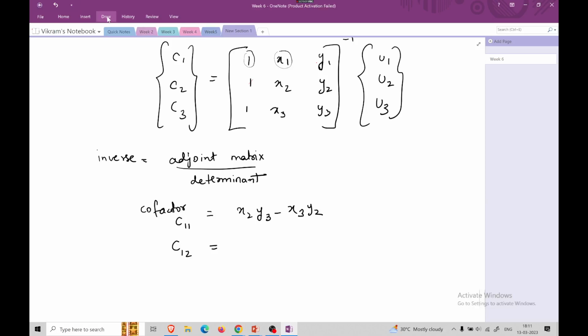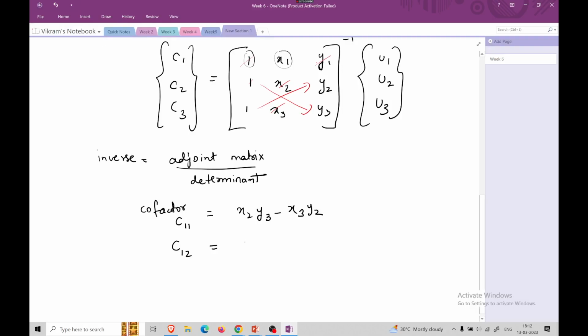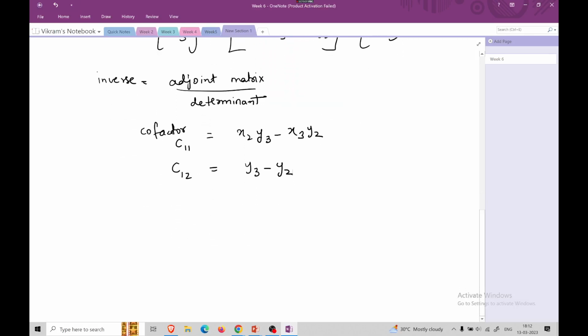I delete the corresponding row elements and column elements, and for the remaining two elements I do the cross multiplication. So what I get is y3 minus y2, correct? So any doubt in the cofactor till now? No doubt. Okay, so like this I can keep doing.